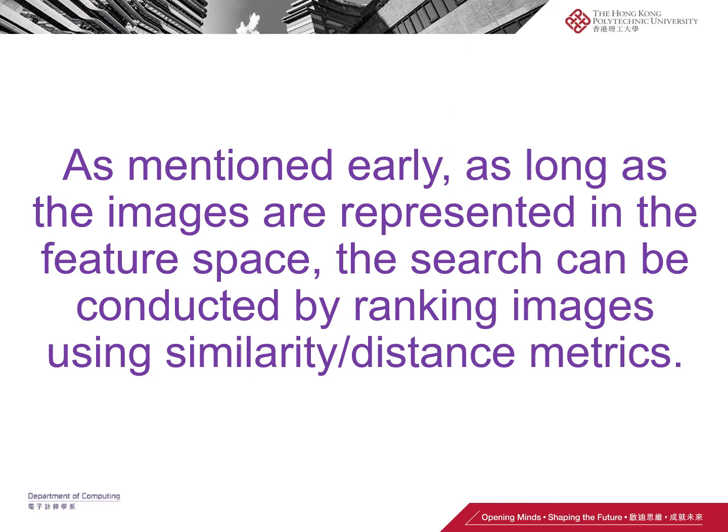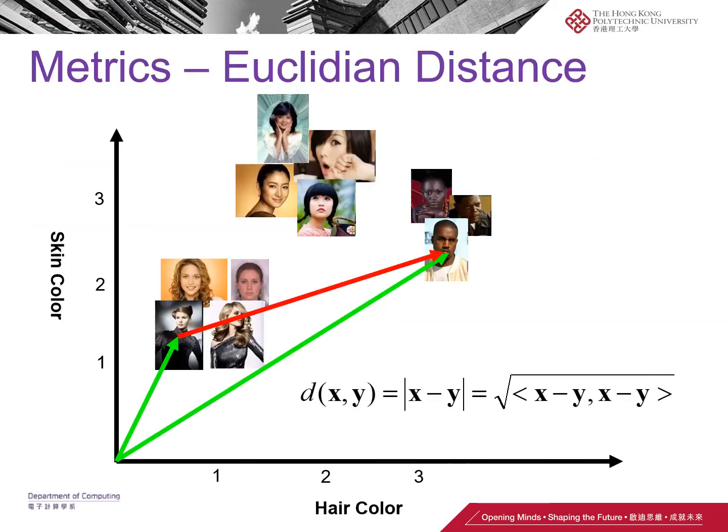Then we can flatten the feature maps into feature vectors and project them into the feature space, where we can use a metric to evaluate the similarity or distance between the target and the query. Then we can generate the ranked list.